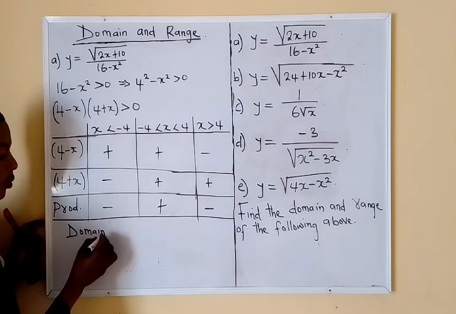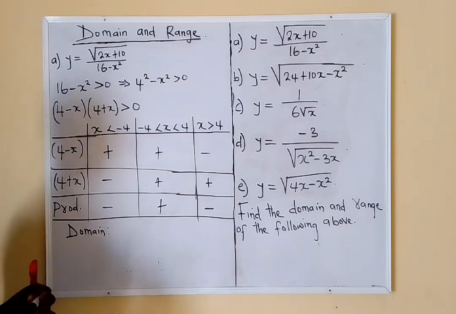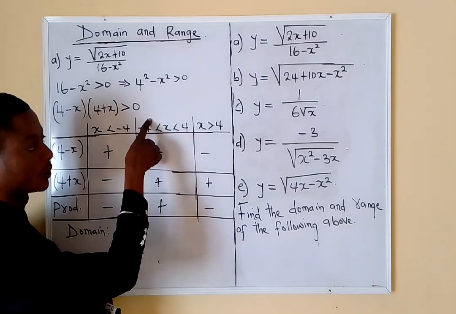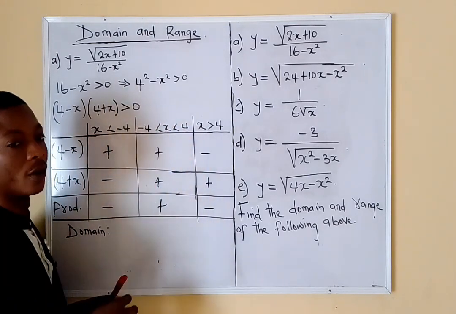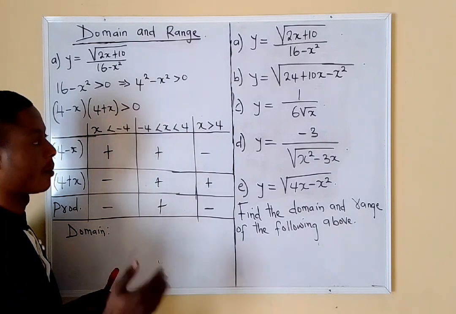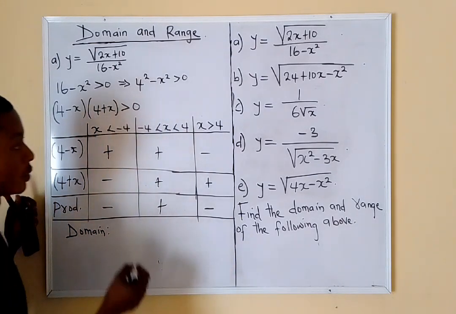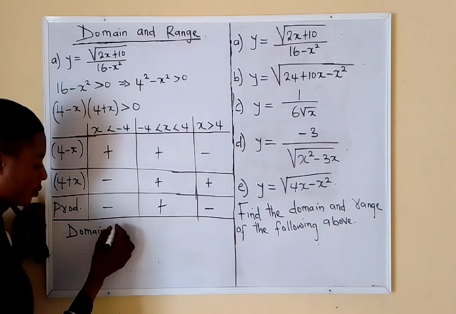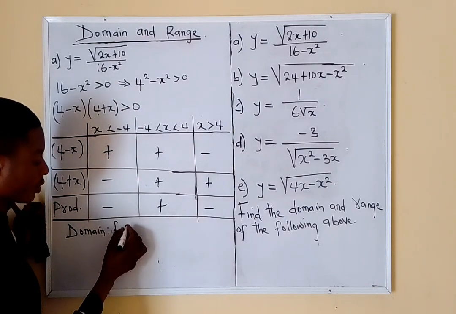Numbers greater than minus 4 but less than 4 are minus 3, minus 2, minus 1, 0, 1, 2, 3.